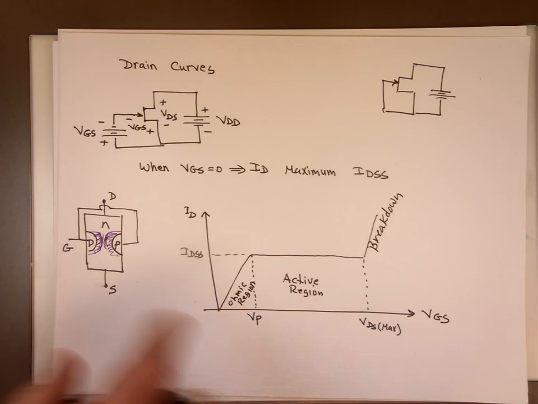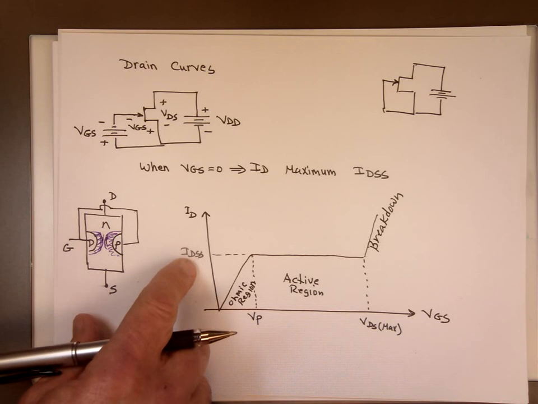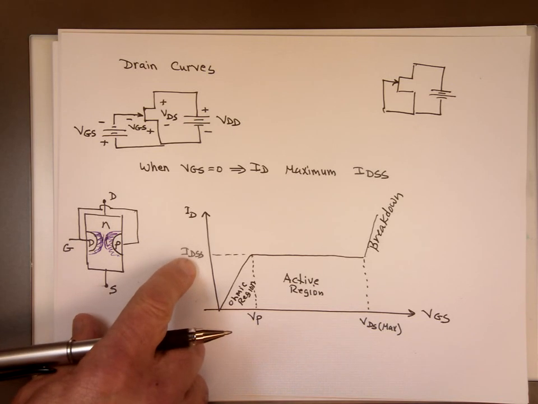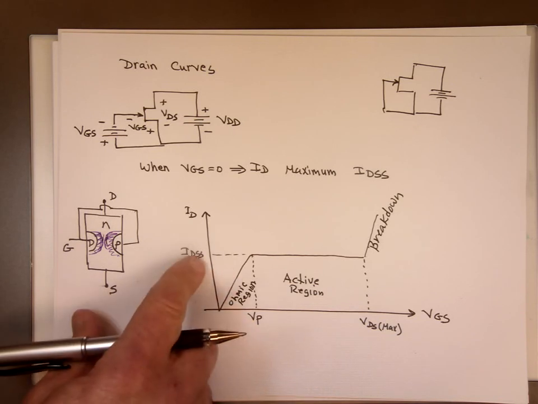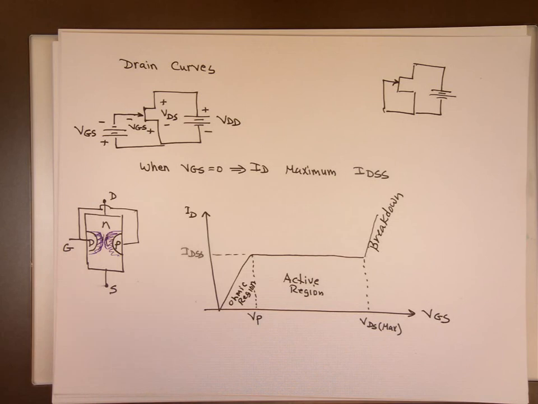And in case you're wondering what IDSS stands for, it stands for the current drain to source with a shorted gate. So ID current, drain to source, with a shorted gate. S for shorted gate. So that's really where the name came from.